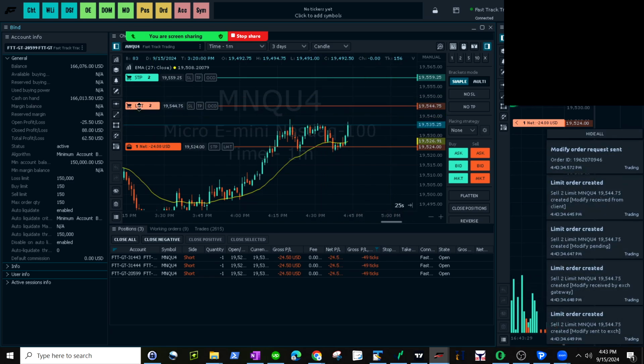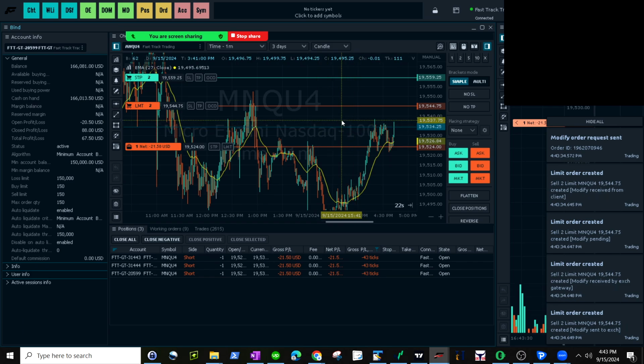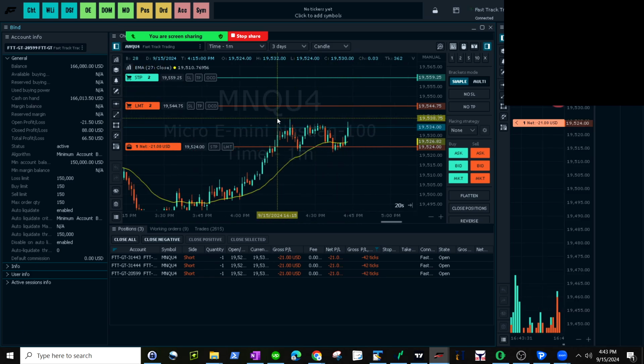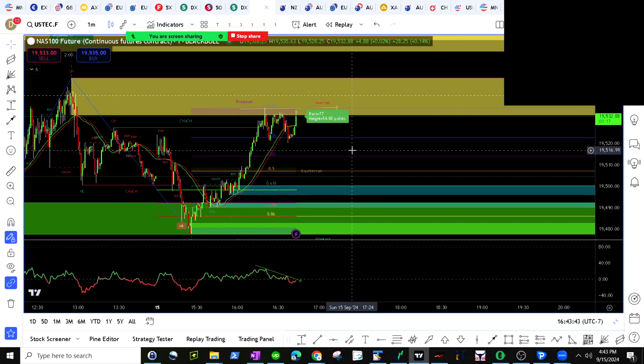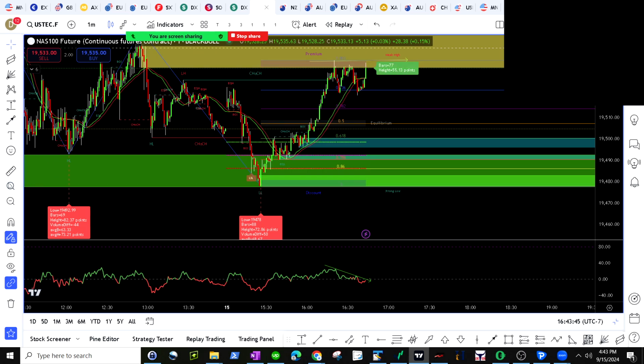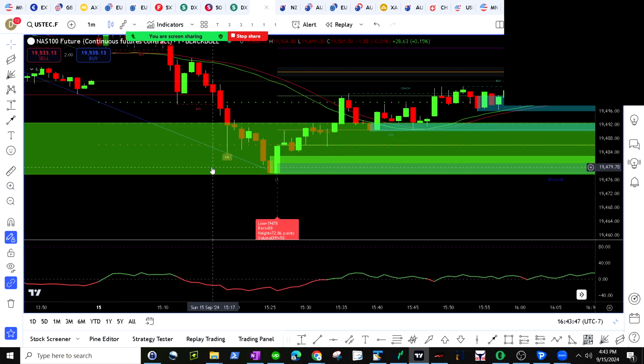I'll lower this a little bit. And this is something that I also learned, that there are some details on this chart that you may have missed. So whenever price comes up and retests, it usually just breaks right through.